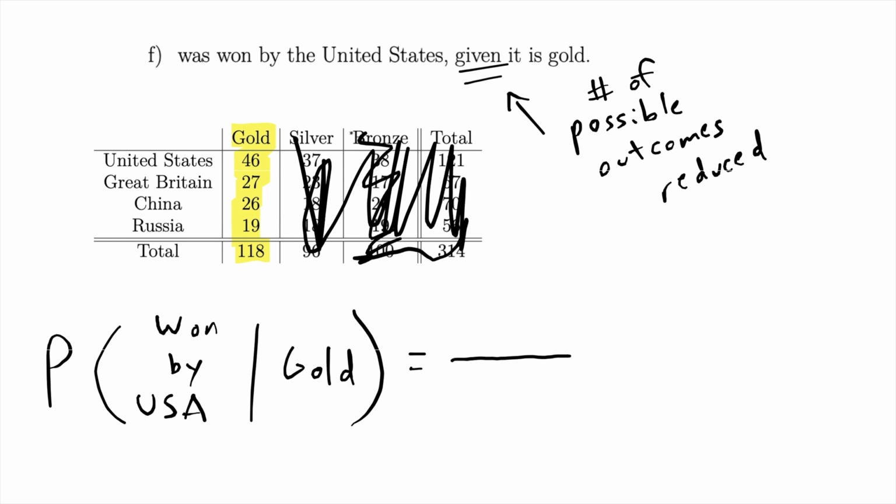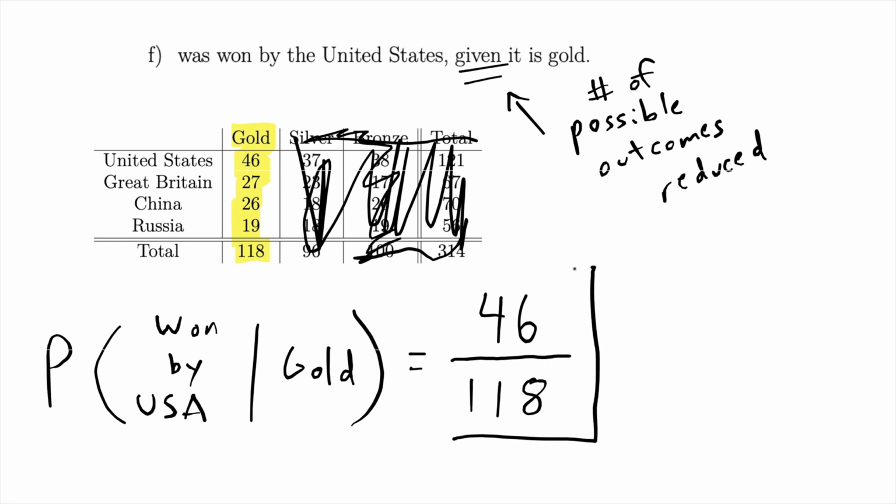It's only out of the gold medals now. So the probability, given that it's gold, is out of 118 gold medals. And out of those, how many were from the United States? 46. So the probability that it was won by the United States, given it is gold, is 46 out of 118.